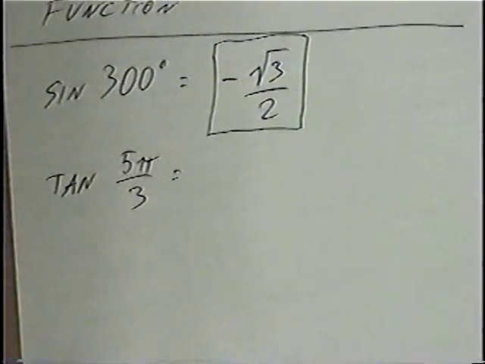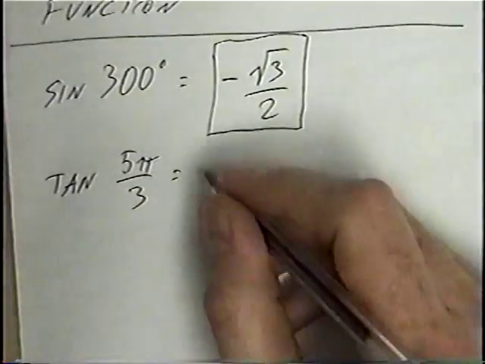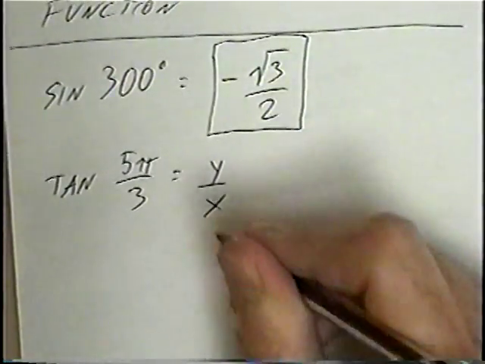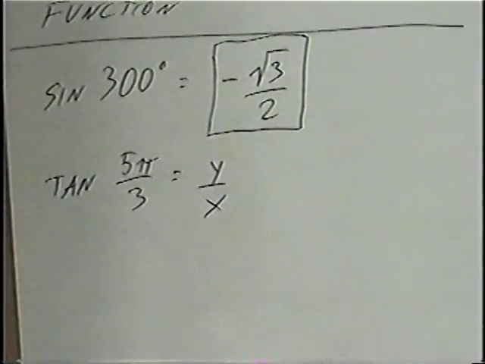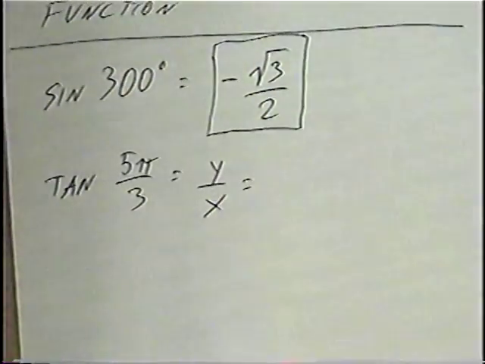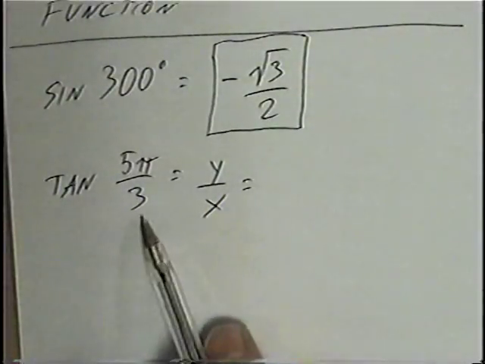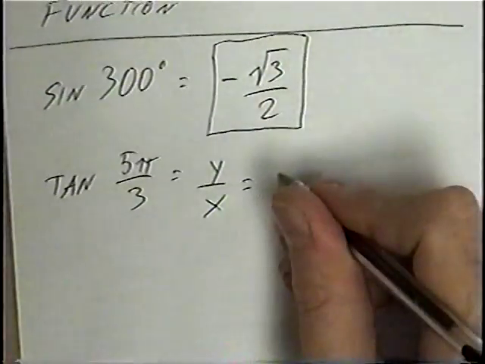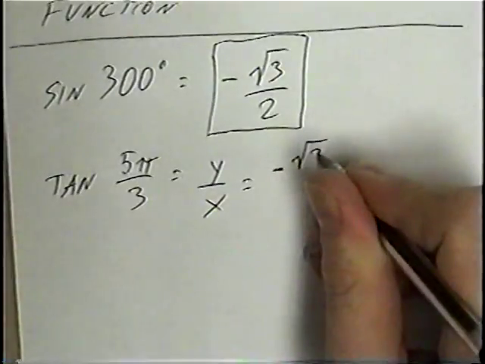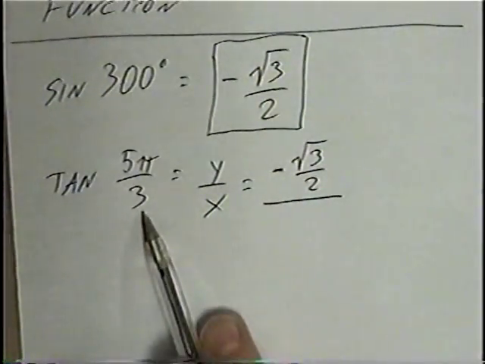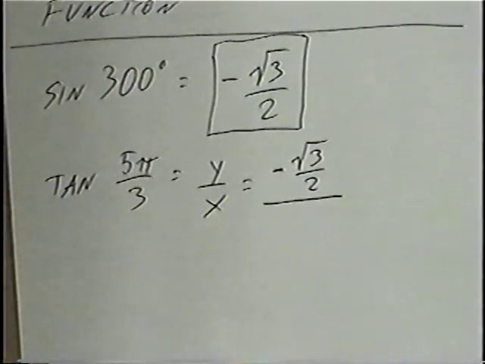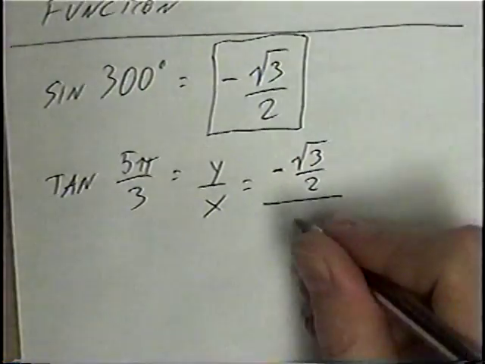The tangent, looking back at the definitions, is y over x. So using 5 pi over 3, we can take the two values, y divided by x. The y value of 5 pi over 3 is negative radical 3 over 2, and divided by the x value of 5 pi over 3 would be 1/2.